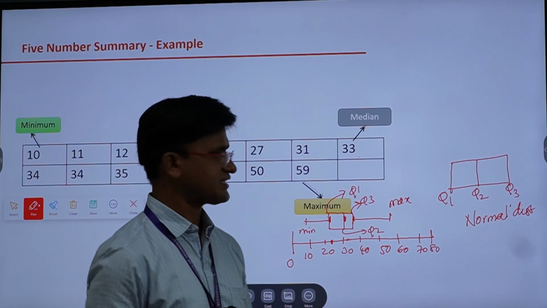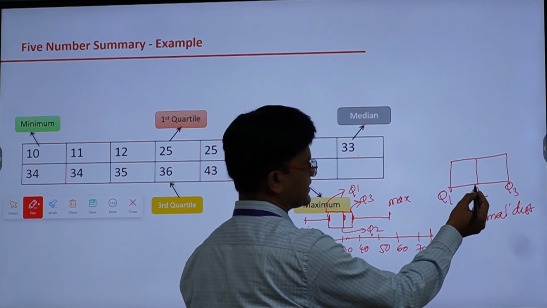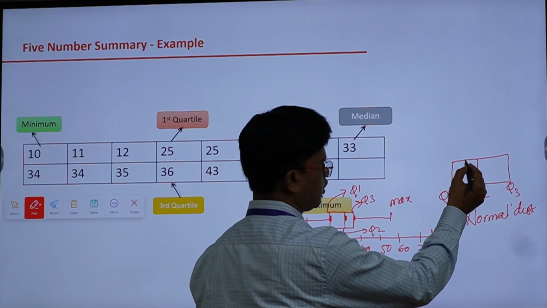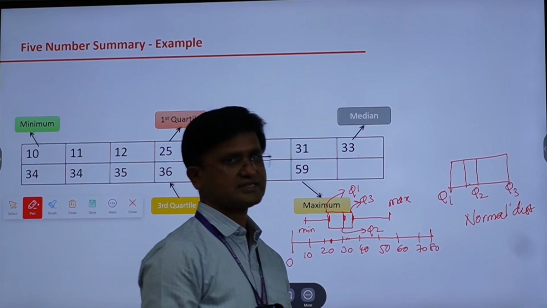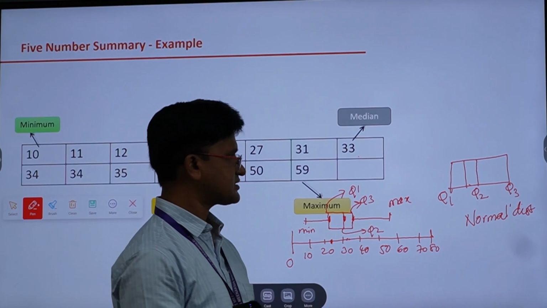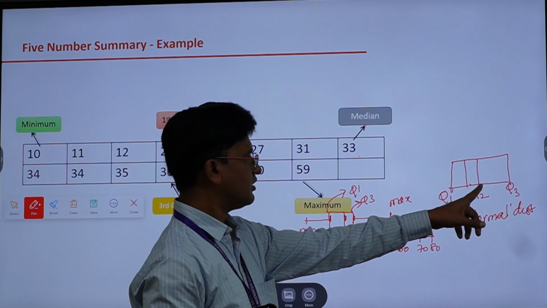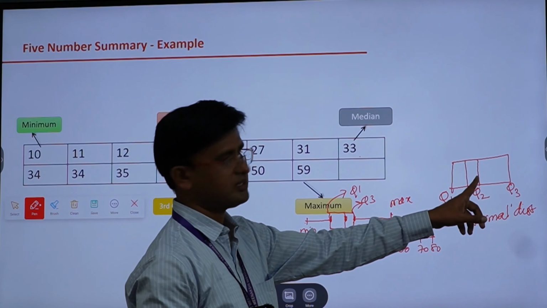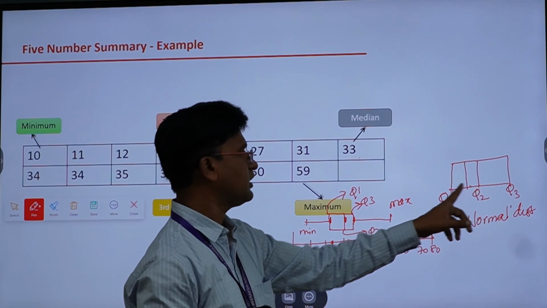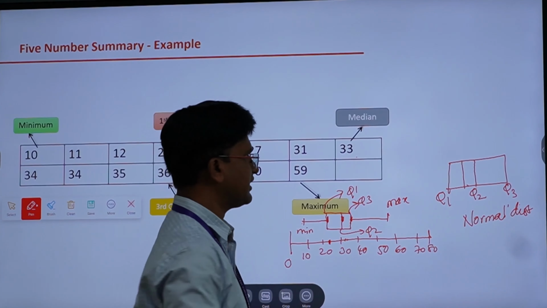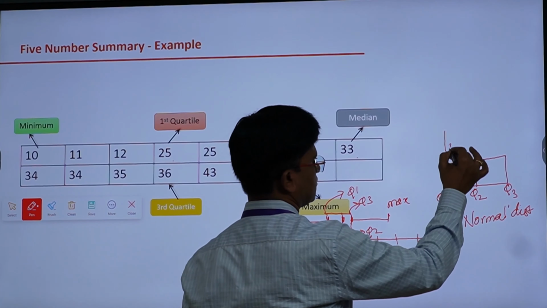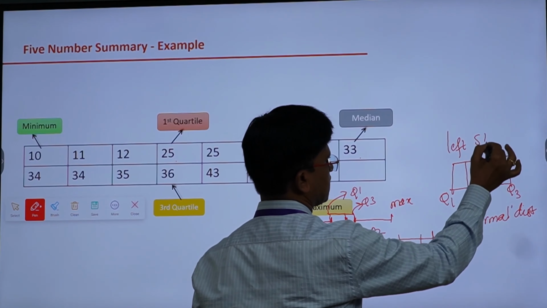What if the median is less than the actual mid position, very close to Q1? Then it is called left skewed. There is a skewness in our data.